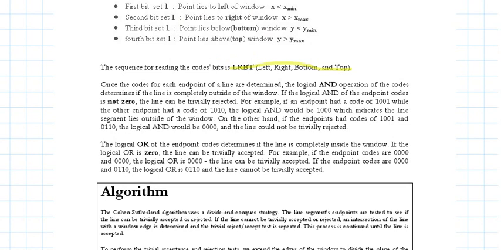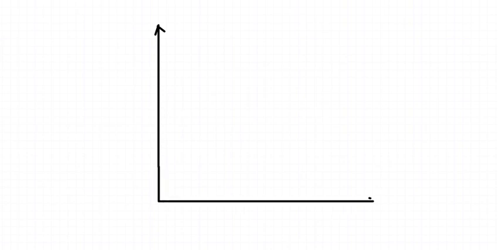So what you have to do? You have to generate LRBT codes for your endpoints of the line. Let me try to achieve this with an example. First, draw your viewing window once again.